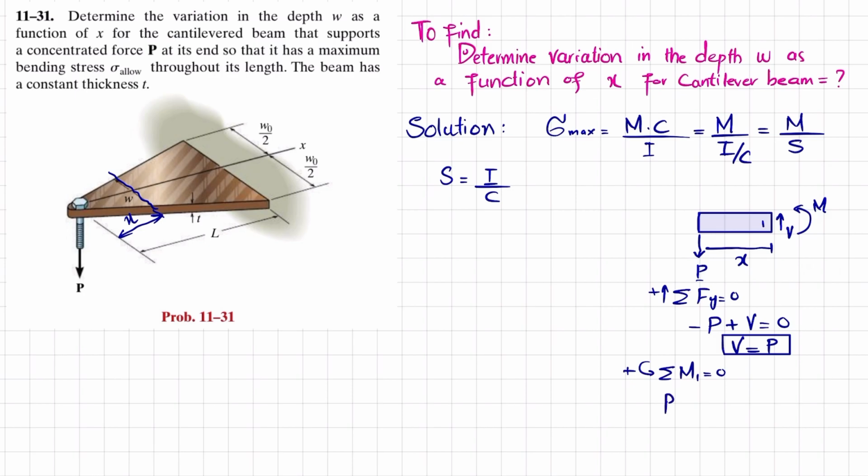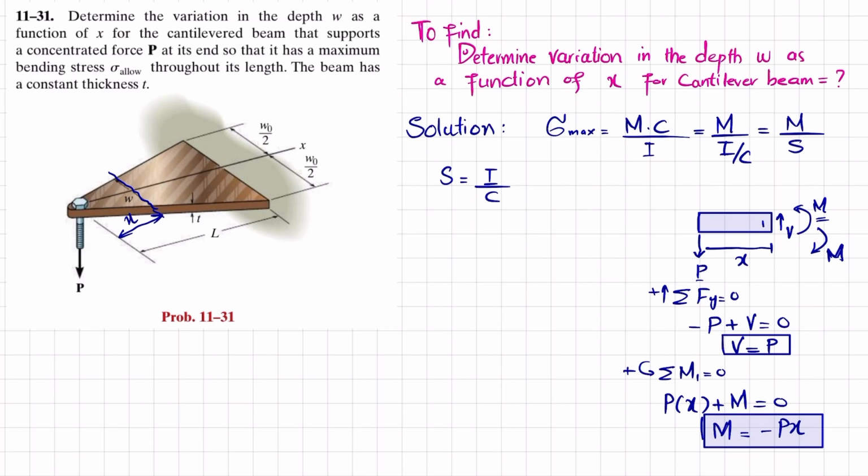So I will write P into x plus M is equal to 0. It means that moment is equal to minus P into x. What does minus P into x mean? That our assumption is wrong. This should be in the clockwise direction.